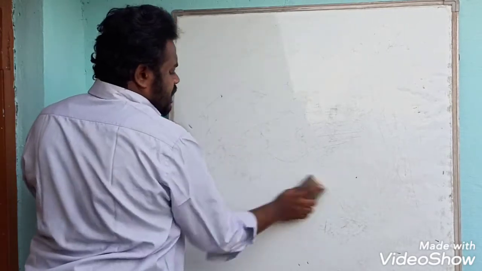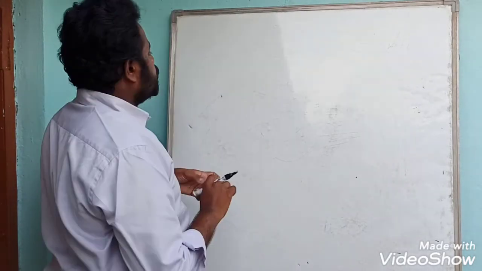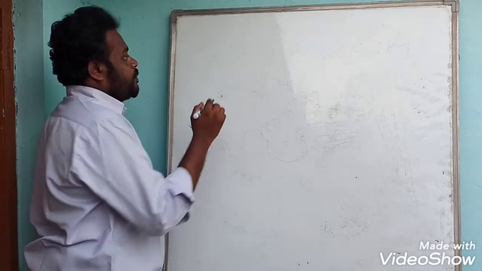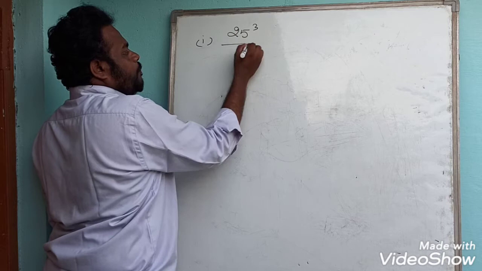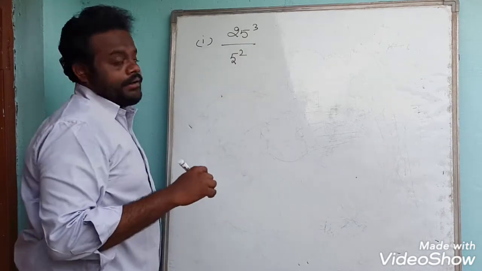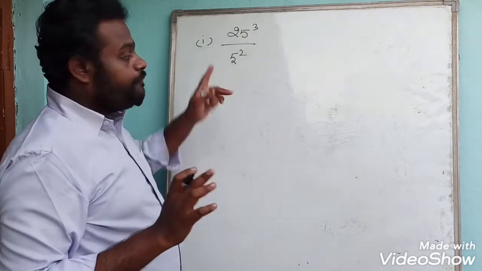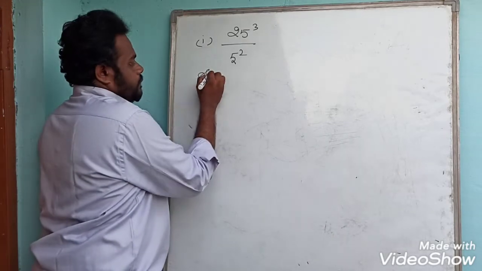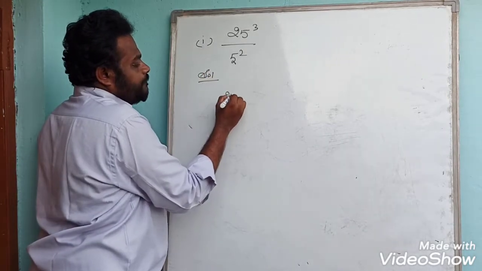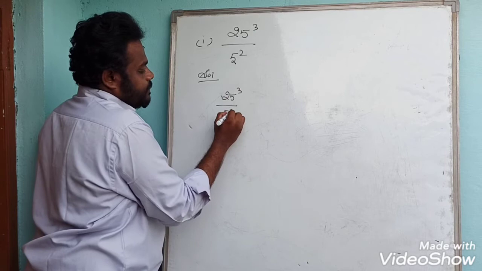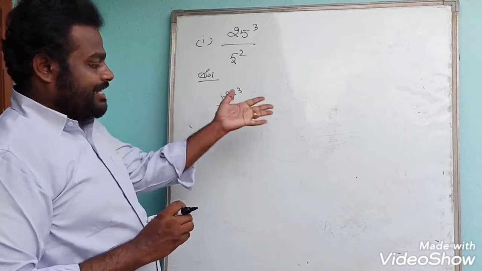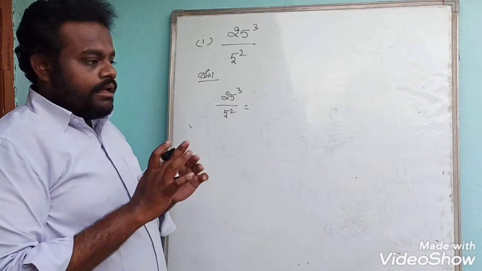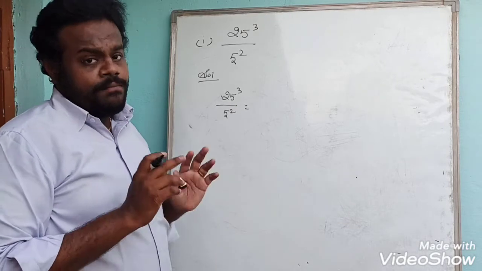In these calculations also we have to use so many laws of exponents. For example, the first question I will take is 25 cube divided by 5 square. So we have to find out the value for this. Before we use the laws of exponents, either the bases must be equal or the powers must be equal.